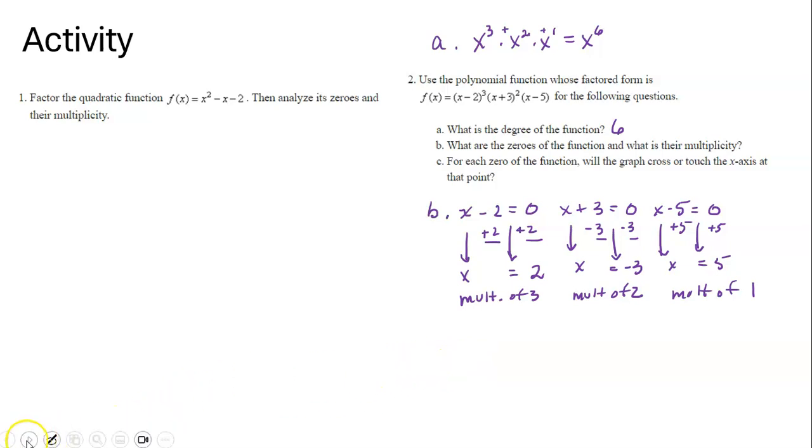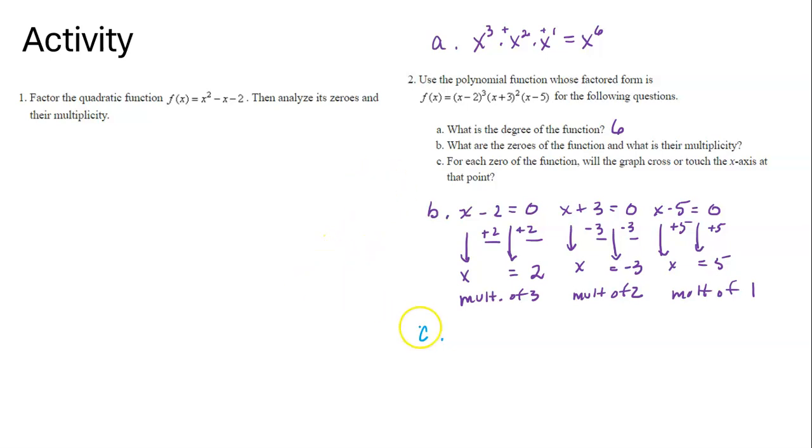Okay, and I'm going to change colors because C is a little bit diabolical. So C says, for which zeros of the function will the graph cross or touch the x-axis at that point? So what we know from one of the crazy theorems that we already had is the one that I told you guys that we're actually going to use. It's the identifying the multiplicity of, okay.